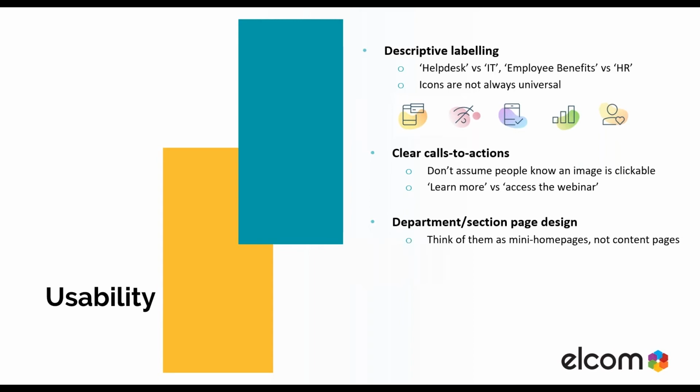And they should be laid out to provide a quick overview of what's available in that section. For instance, instead of having an A to Z list of policies and procedures, consider restructuring content into a list of how do I do XYZ items, or you could even just use accordions, which are a list of headers that can be clicked to reveal or hide content associated with that header.